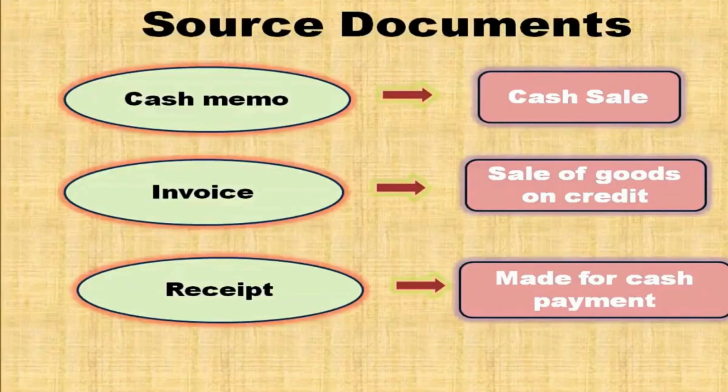Examples of source documents: cash memo, invoice, receipt. A cash memo is received when there is a cash sale. When there is a sale of goods on credit, an invoice will be there as a source document. When cash payment is made, a receipt will be there as a source document.